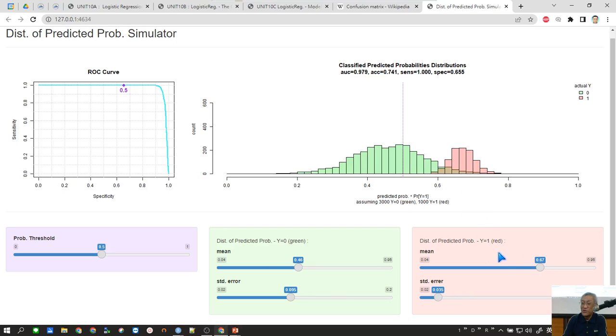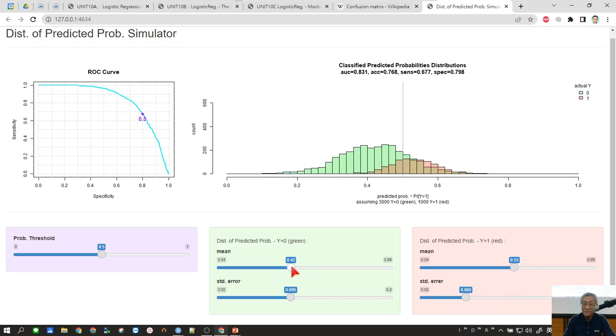Usually you will see something like this, right?